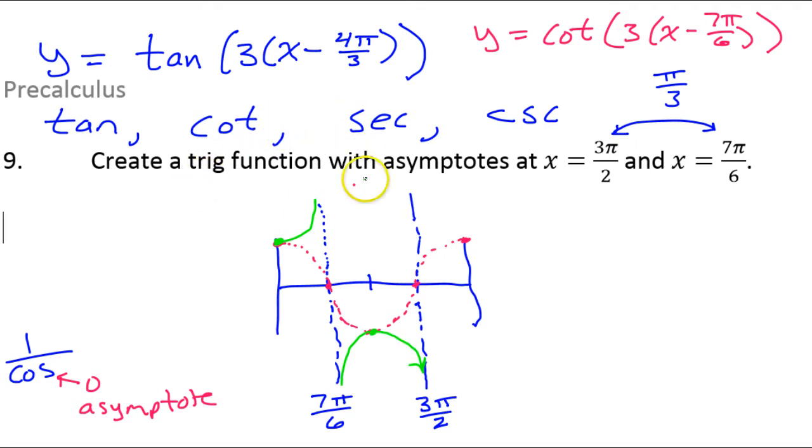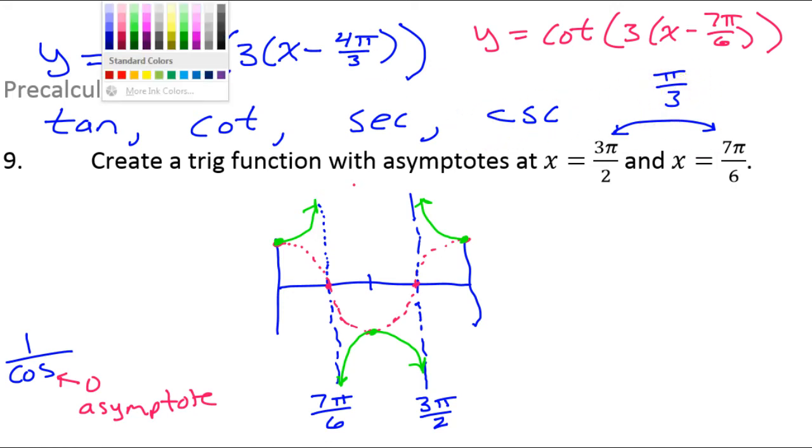We're doing the secant function. So the green that I just drew is a rough sketch of the secant function we're working on. Anyway, these asymptotes are only half a period apart, not a full period. They are a distance of pi over 3.